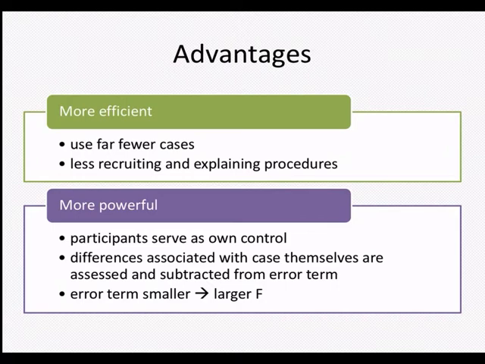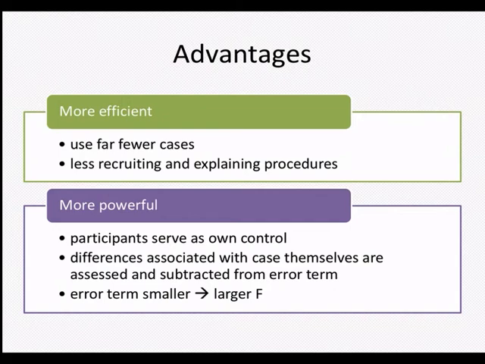So the conditions applied are in the same setting, at least the participants. They're not applied to different groups of people. They're applied to the same set of people. And so that takes out some of the random factors involved. So differences associated with case themselves are assessed and subtracted from the error term.